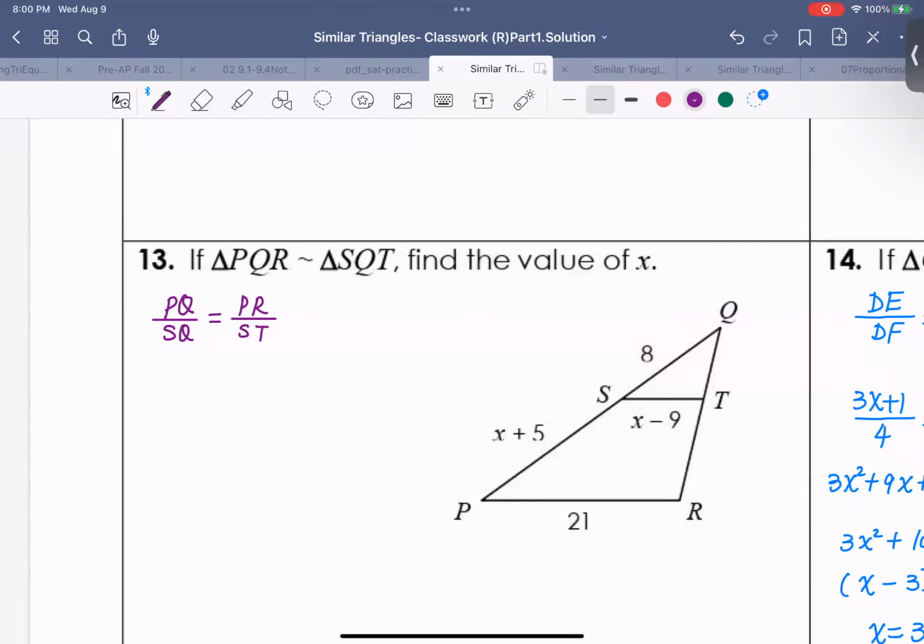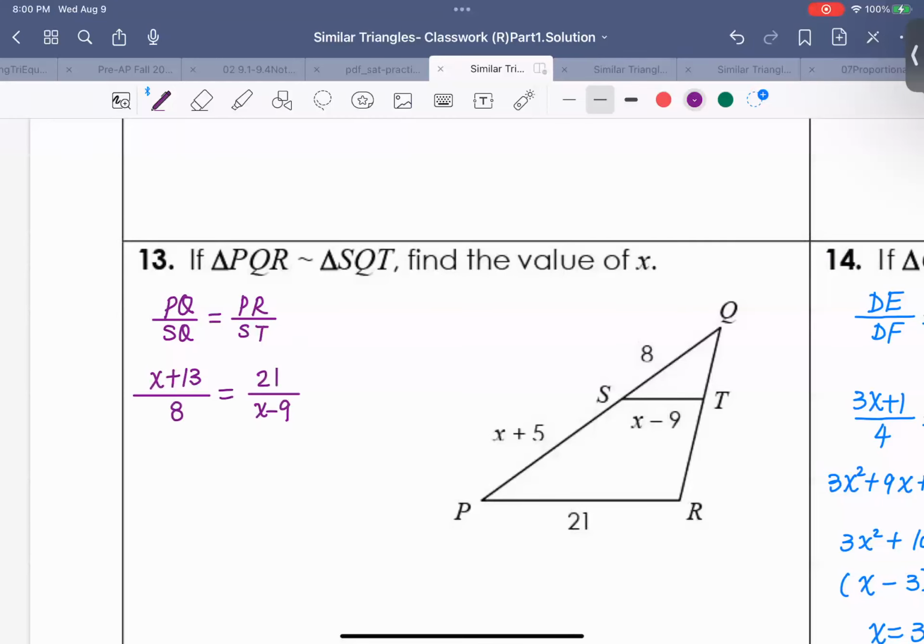PQ is x plus 13, over 8, equals PR, 21, over x minus 9.